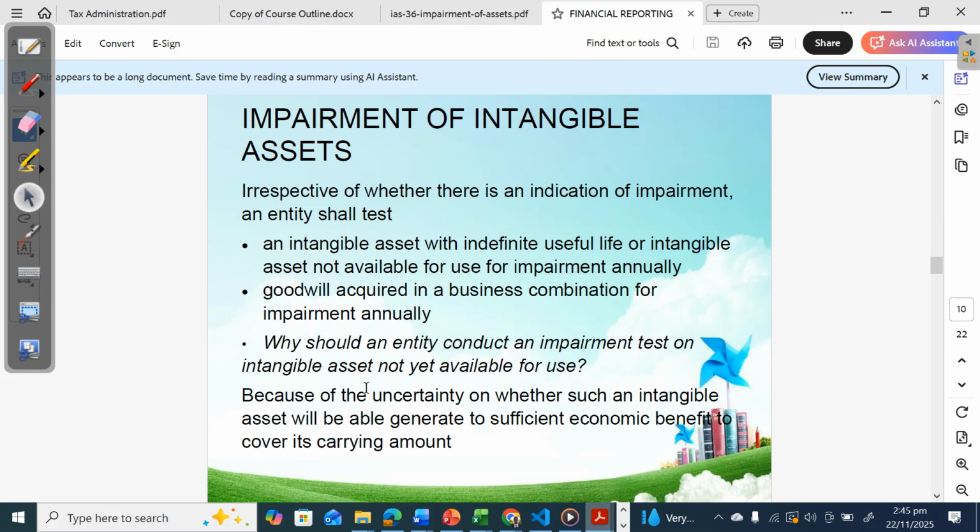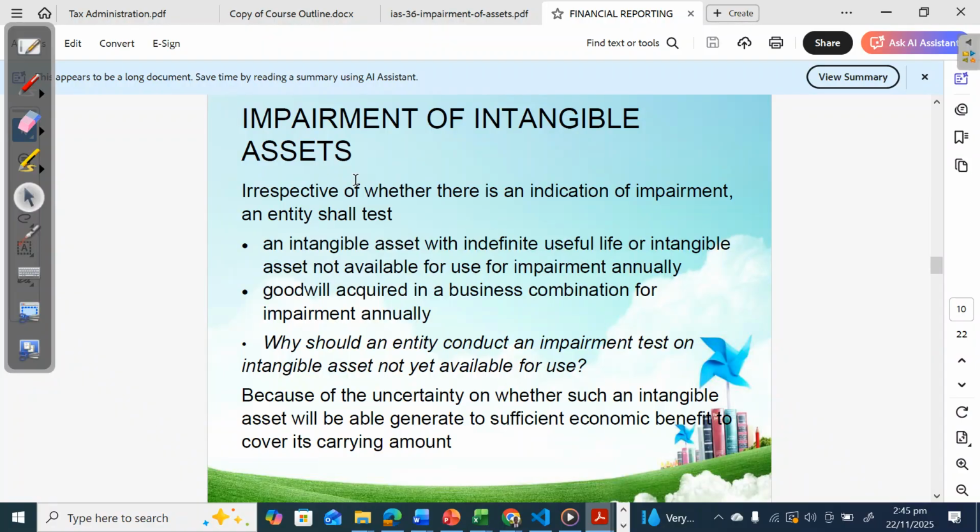Now let's look at impairment of intangible assets. We have not done intangible assets yet, but let's talk about it briefly. An intangible asset is an asset without a physical substance.